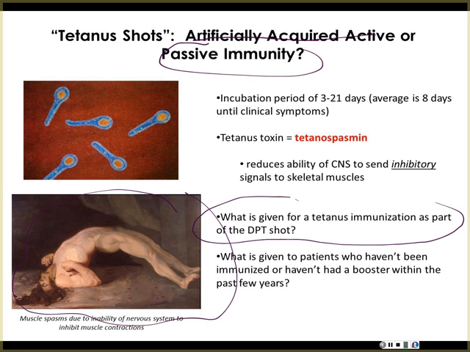In that case, they're just going to go ahead and give you a regular booster immunization. That's to make sure that you get exposed to enough of this toxoid so that you will re-stimulate your immunity. That way, if you have a little bit of the Clostridium tetani bacteria in a wound somewhere, it's going to take them a while to start cranking out the toxin in large enough amounts to make you sick. So hopefully by that time you have reprimed your immune system to respond on its own.